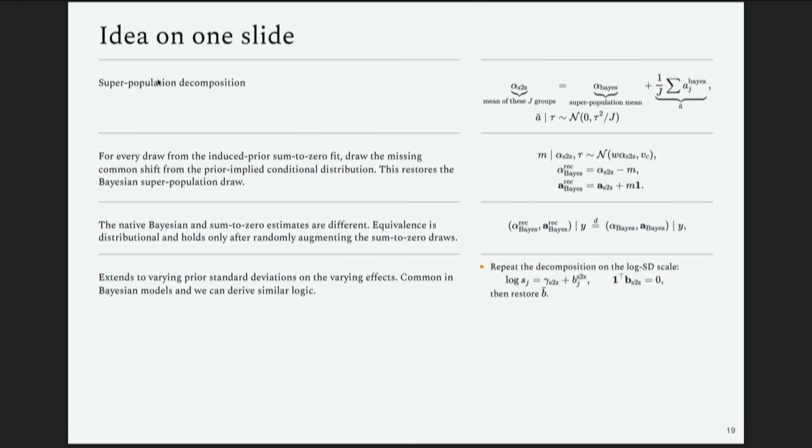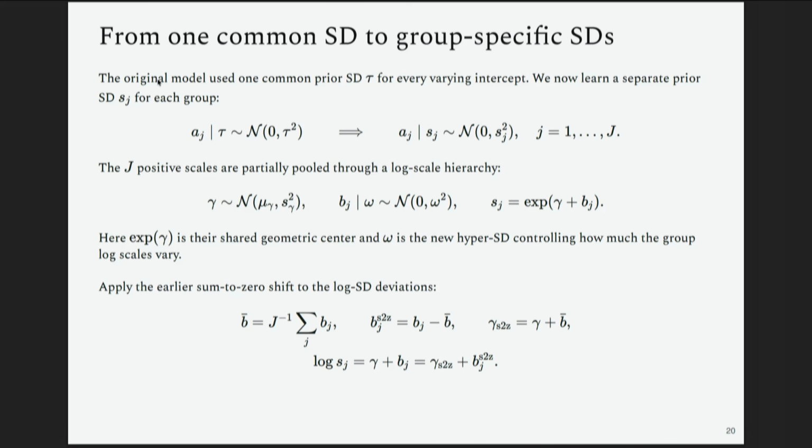All right, I have maybe 7 minutes or so, okay? We're gonna do something. This is relatively recent, at least for Nick and I. We extended this idea to group-specific standard deviations.